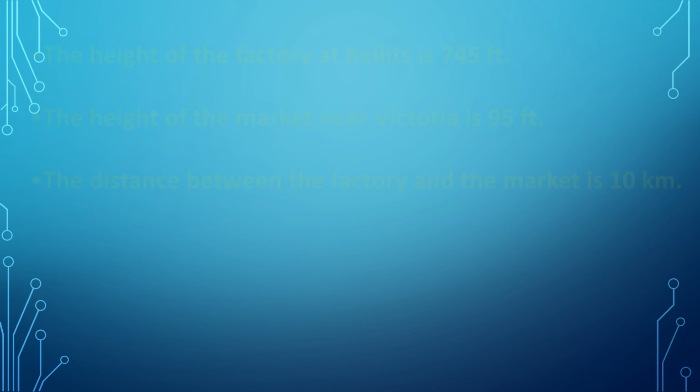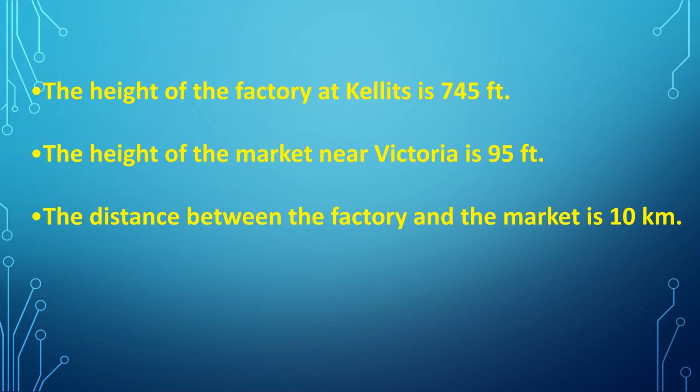Okay, now geographers, let us assume that the height of a factory in Kelitz is 745 feet, and the height of the market near Victoria is 95 feet. The distance between them, however, is 10 kilometers. How are we going to work out this one?